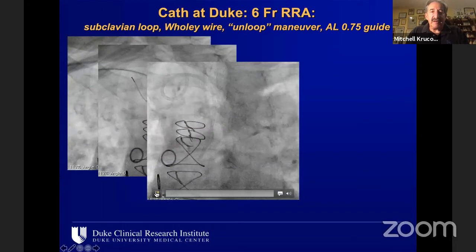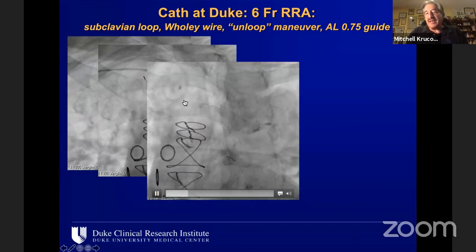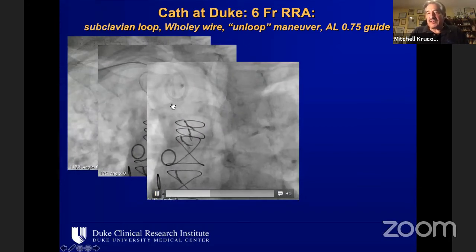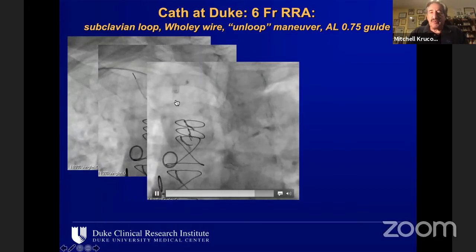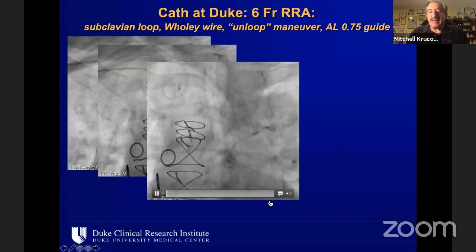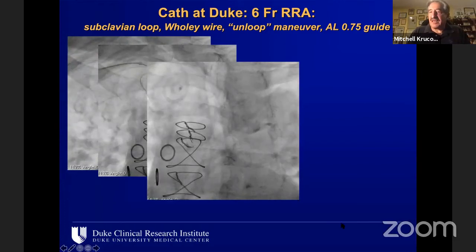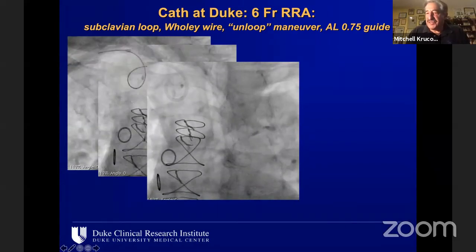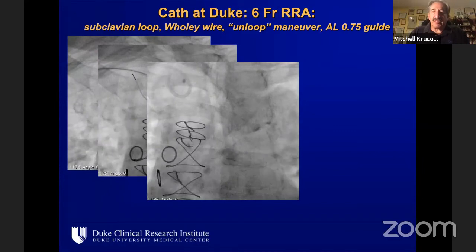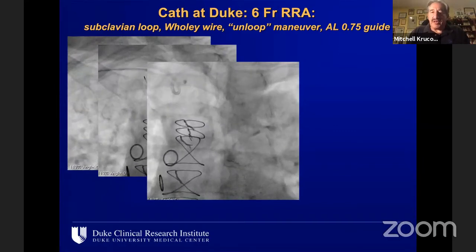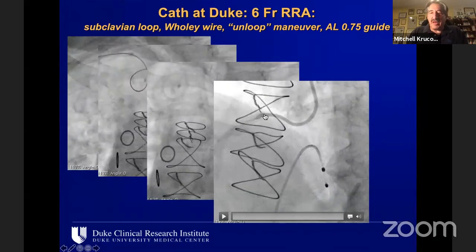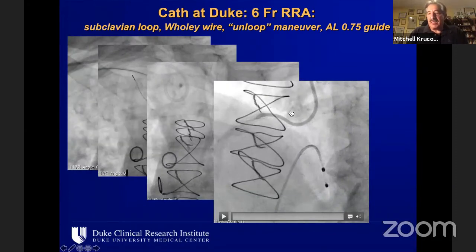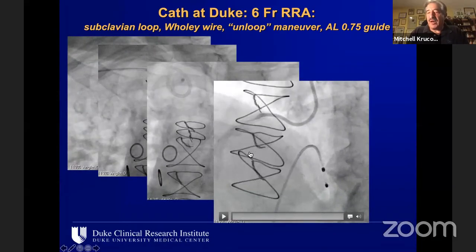The guide following the woolly has a big loop in it, and the trick here is to pull back with counterclockwise torque, which reduces the loop and gives us back control of what is an AL 0.75 6 French launcher guide catheter. The importance of getting it straight is so that we can then properly intubate the right coronary, and you can see here the AL 0.75 fits quite well.